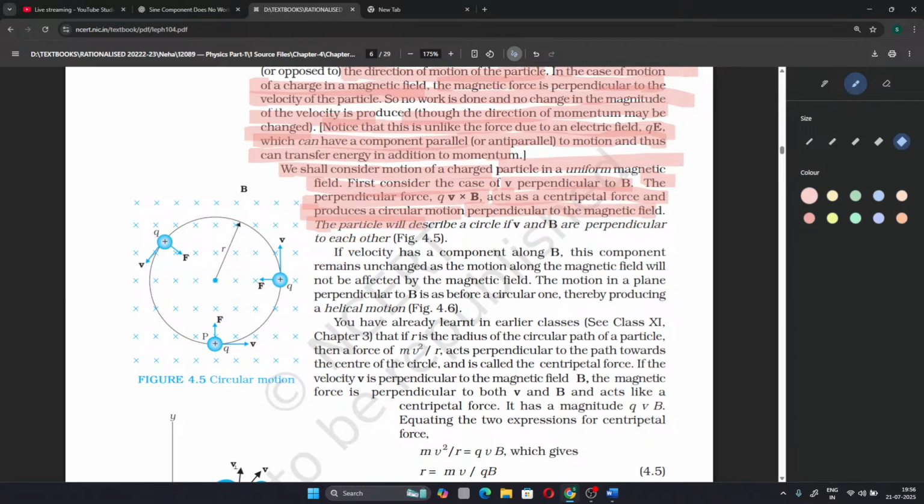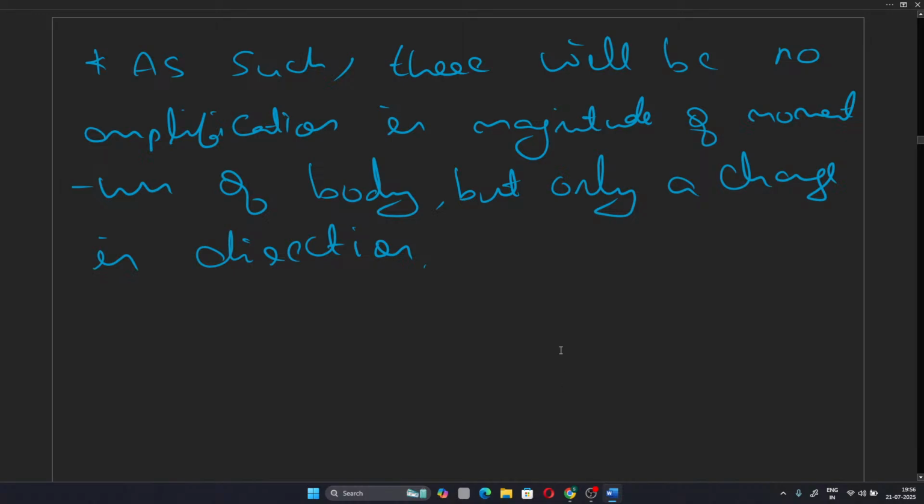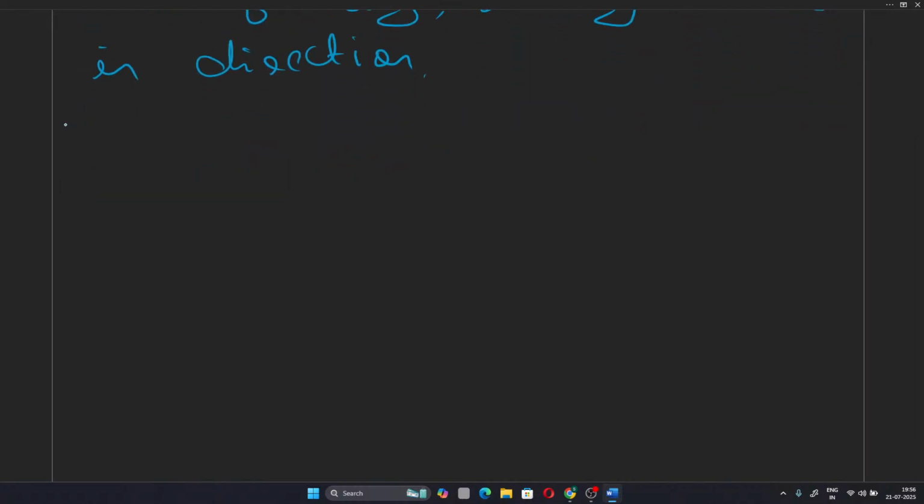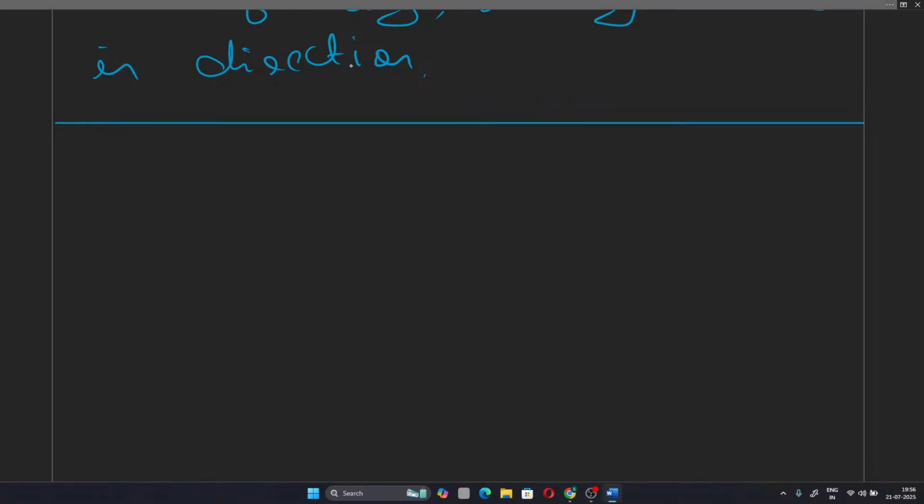The particle will describe a circle if v and B are perpendicular to each other. We can go into greater detail here, let's change the pen.